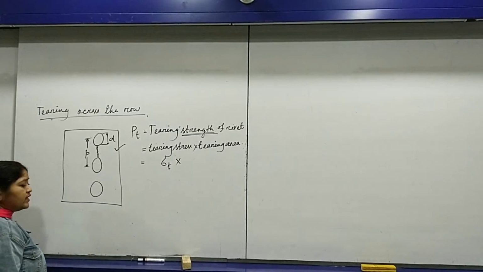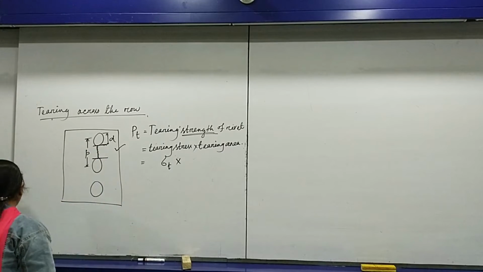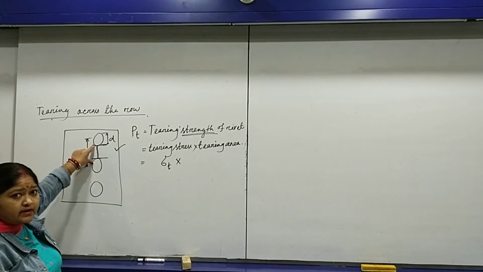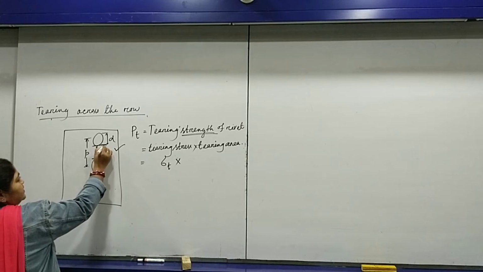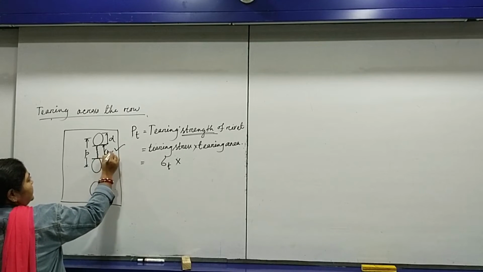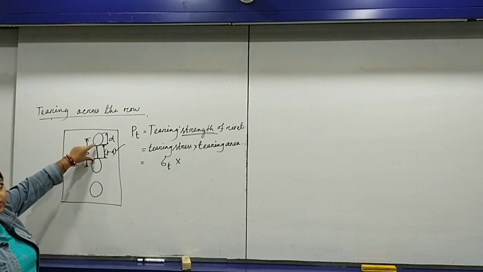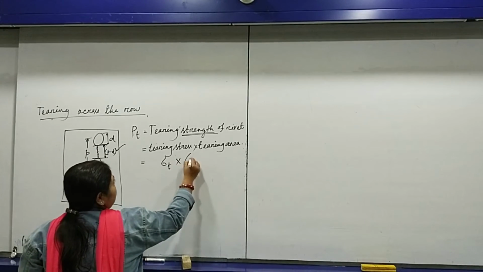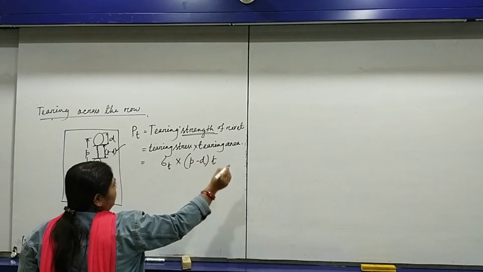Tearing occurs in this area, so I have to calculate the area of this section. This distance is pitch minus d, and t is the thickness of the plate, so the area is (p minus d) into t.